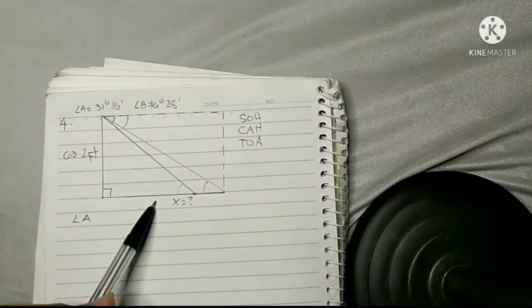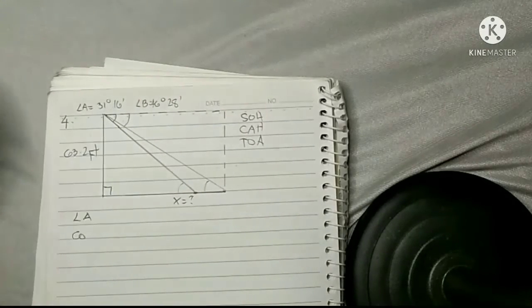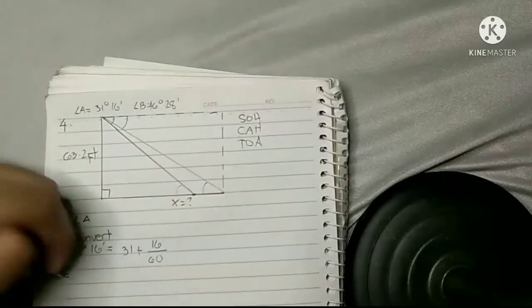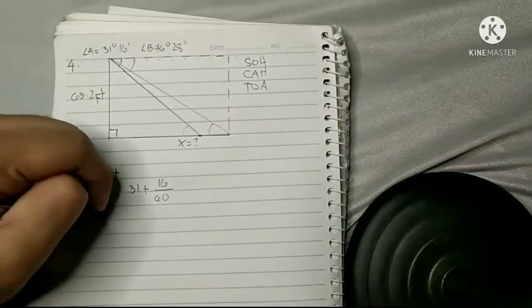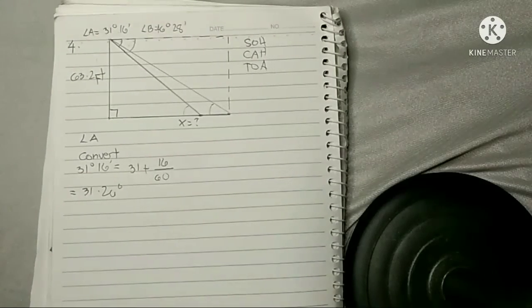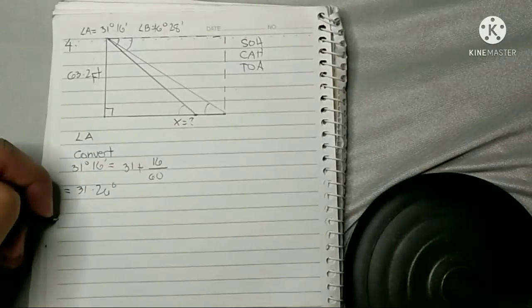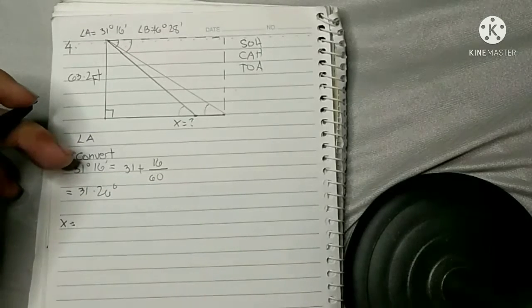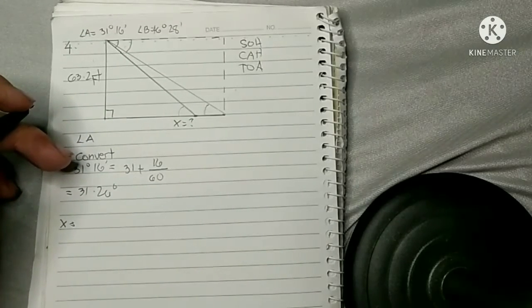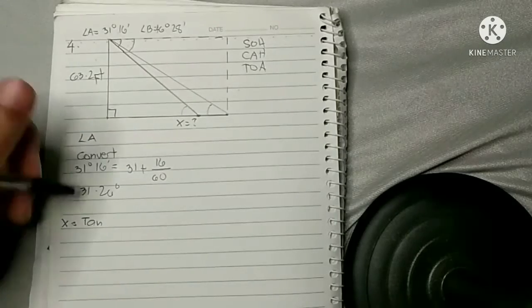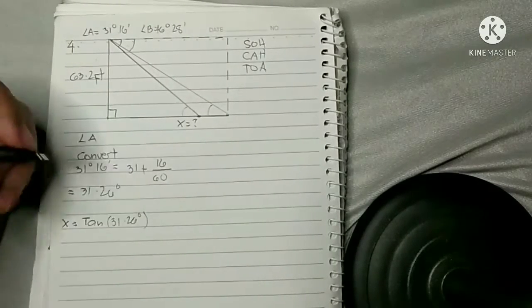First, we convert our first angle, which is 31 degrees and 16 minutes. It will be 31 plus 16 over 60, and we will get 31.26 degrees. So we can solve now. Tangent 31.26 degrees equals our opposite, which is 63.2 feet, over x.